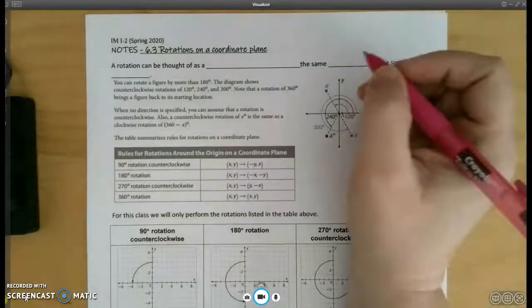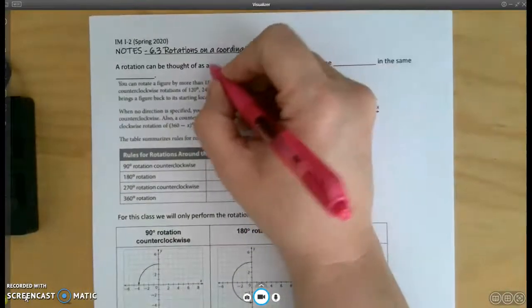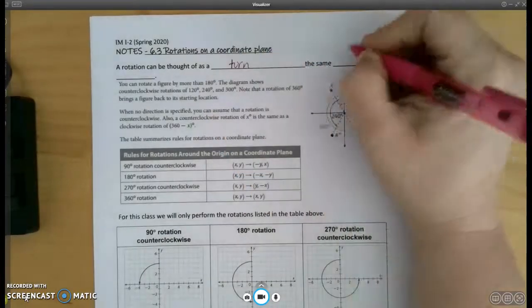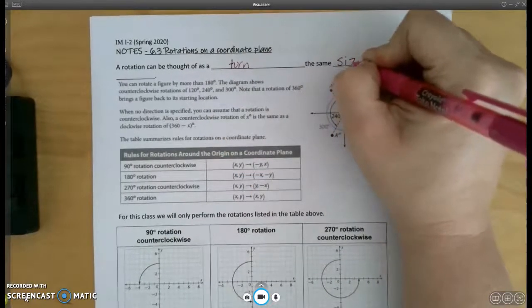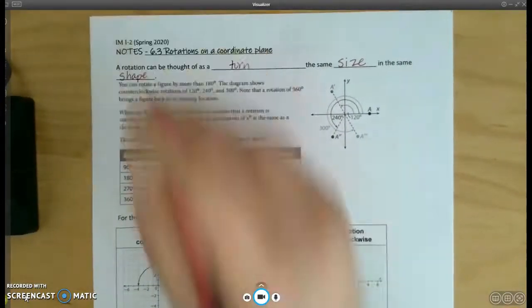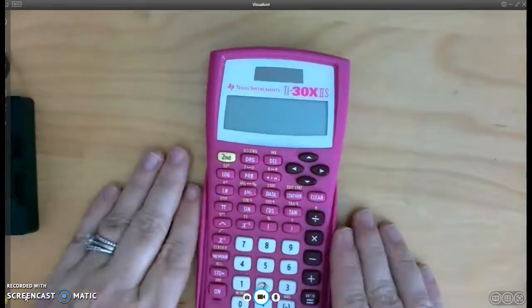Here we go. Rotations. A rotation can be thought of as a turn: the same size and the same shape. So in other words, if I were to talk about a rotation, let's say I use my calculator here.